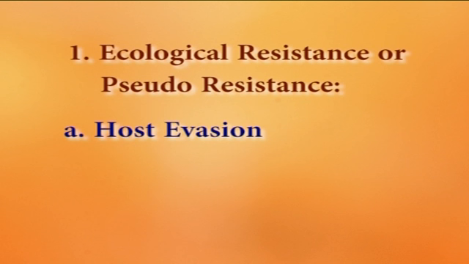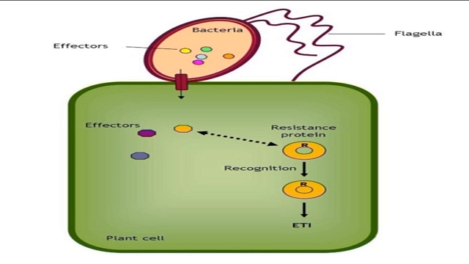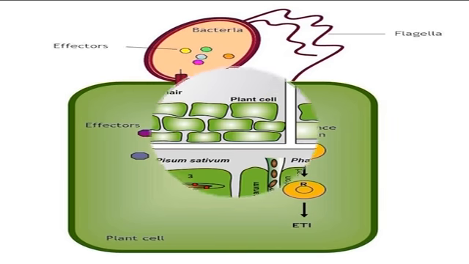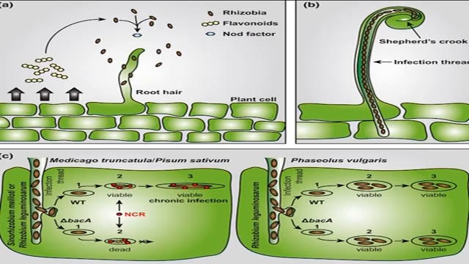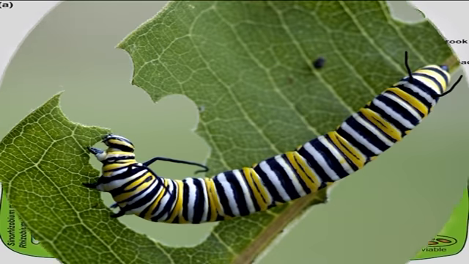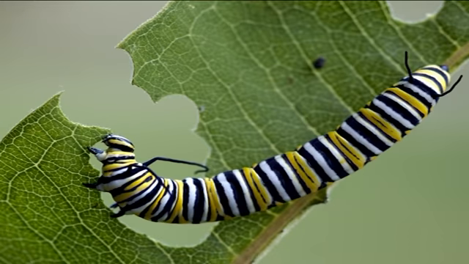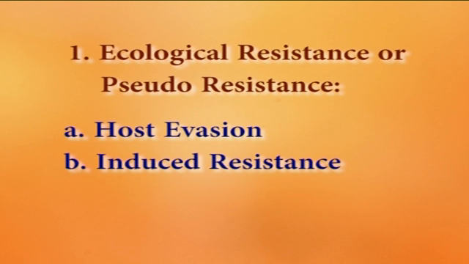They are host evasion. Host may pass through the most susceptible stage quickly or at a time when insects are less, or evade injury by early maturing. This pertains to the whole population of the host plant. Next is induced resistance.